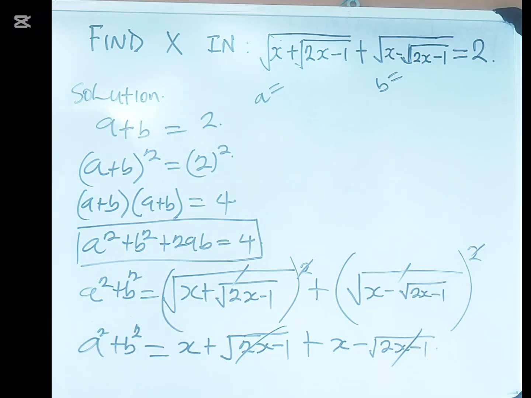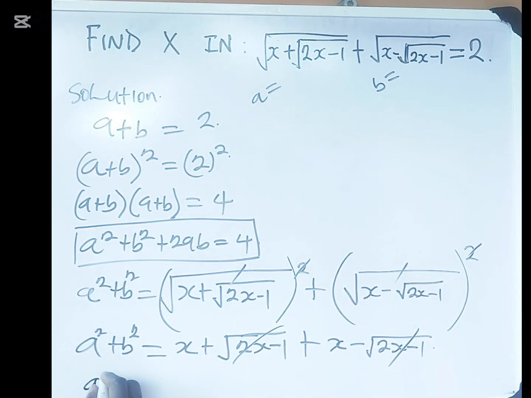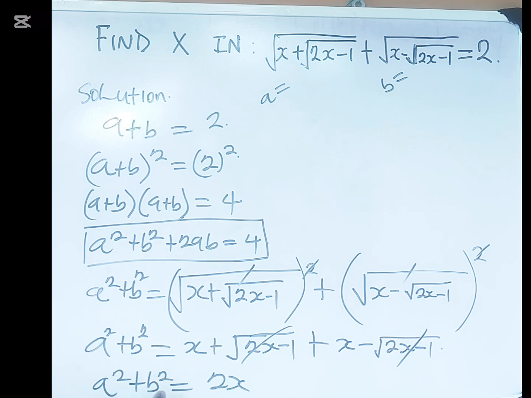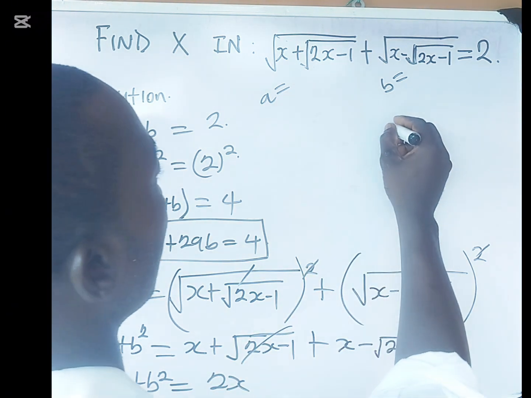This and this will go out. So A squared plus B squared is equal to 2x, because x plus x is 2x.